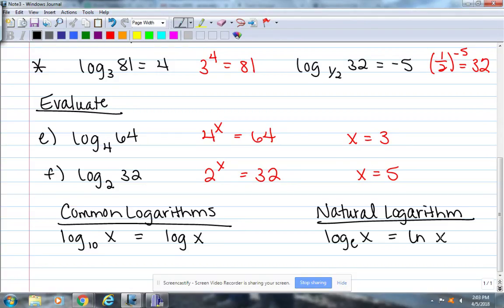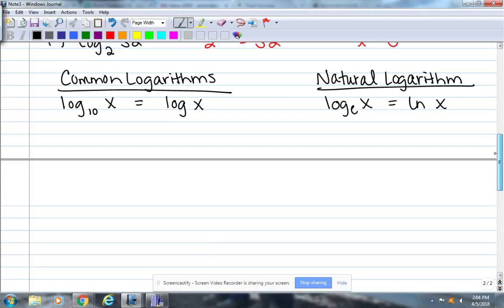So that ln that's below the log button, that's what you use when your base is e. If you use base 10, you're going to use the log button. When you do base e, you're going to do the ln button. That's called the natural log. So log is base 10, natural log is base e.